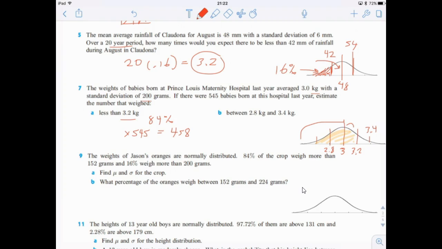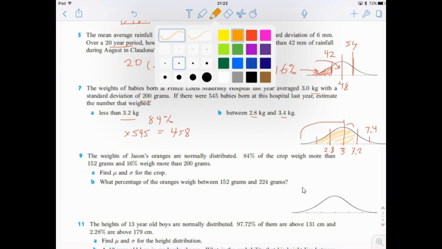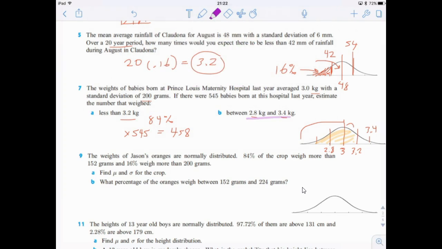Okay, and then it says, what about between 2.8 and 3.4? Let's see, between 2.8 and 3.4 would be from here to here. So the middle part is going to be the 68%, right? The middle center part is 68%. Plus, there's this part here, which we know is 13.5.